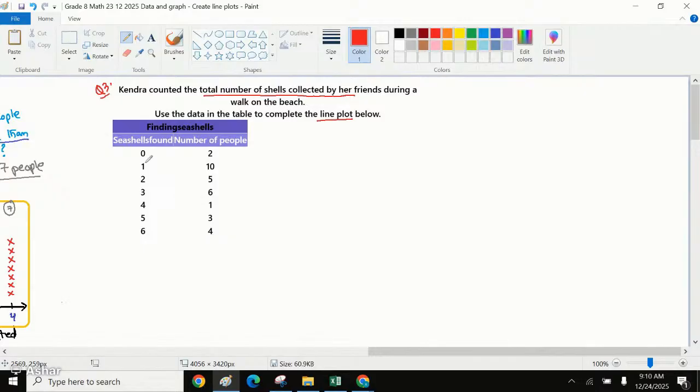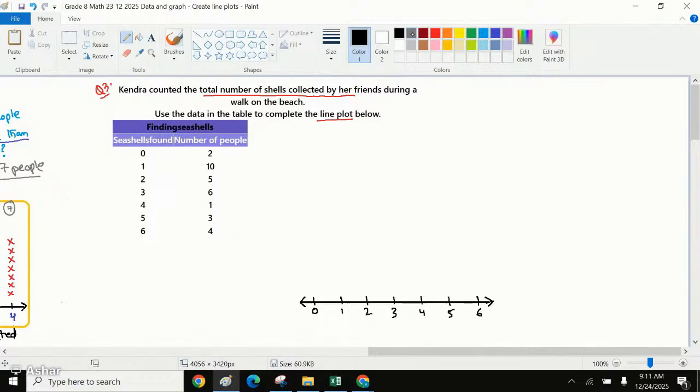Okay, so we need to consider the x-axis first, the bottom of the x-axis first, right? So how many numbers are there from 0 to 6? If we are considering the numbers from 0 to 6, we make a line and we draw an arrow on either side, right? We can say 0, 1, 2, 3, 4, 5, and 6.